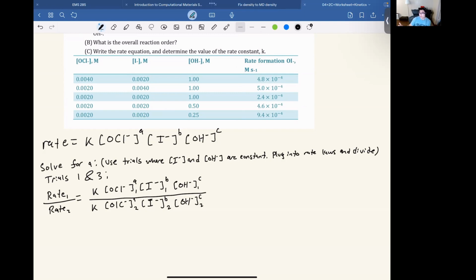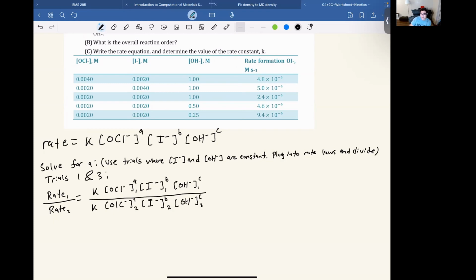You're going to have K, you don't know what K is. You're going to have A, B, and C, right? They're the respective powers of each of these things. Hydroxide's 1 in molarity, so it ends up going away, but you still have to handle the A and the B. And you can't solve one equation with three unknowns. It's not possible.